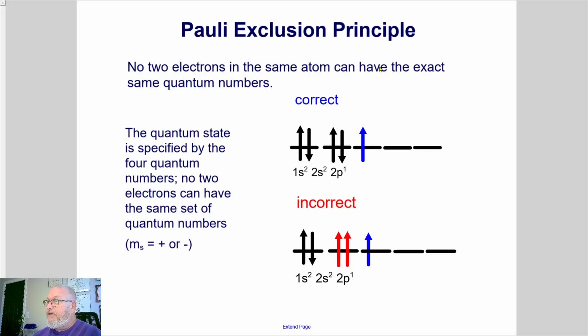So the Pauli exclusion principle: you can have no more than 2 electrons in an orbital with the same quantum numbers, and if they are in the same orbital, one has to be up, one has to be down. They have to have opposite spins. So this is atomic number 5, boron. There's 5 electrons.